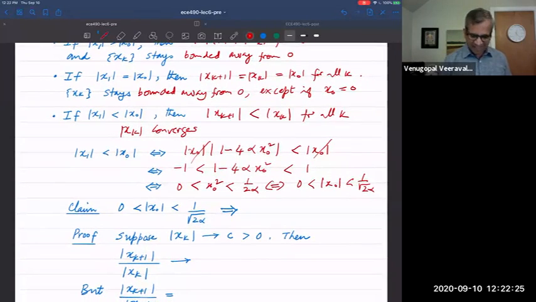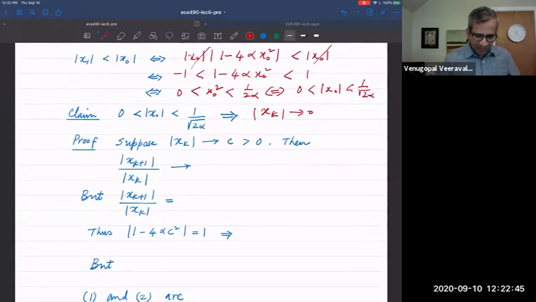So the claim here says that if this condition is satisfied, then xk does converge to 0. Okay, and I'm kind of out of time, so you can look it up, it's a very straightforward proof to show that xk converges to 0. You can look it up in the post-class notes, and we'll talk about it again maybe in the next class anyway.